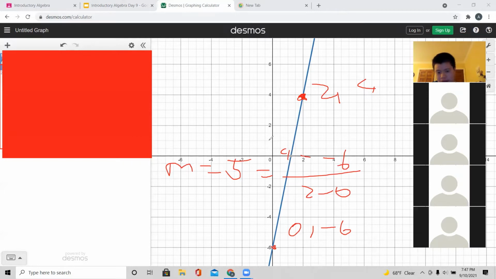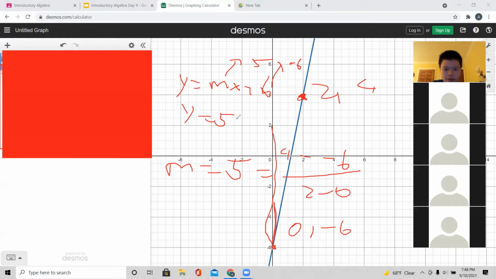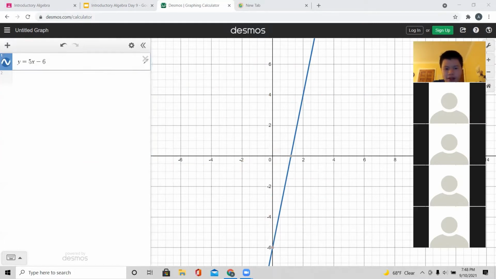Then you can find the y-intercept, which is obviously negative 6 since it's shown here. So using the slope-intercept form, with y-intercept negative 6 and slope 5, y equals 5x minus 6, which is actually what I had here.